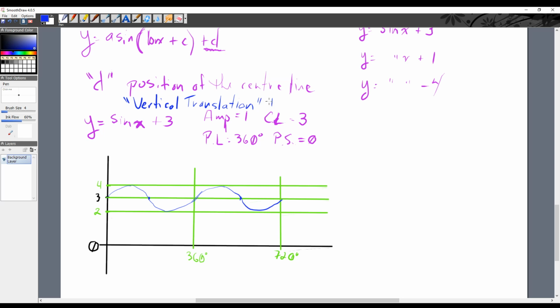It's how far up or down the function gets shifted. So in this case, it was shifted up 3. If we did it at +1, the center line would be at +1. It would reach up to 2 and down to 0. If we did it at -4, the center line would be at -4. The maximum value it could reach would be -3. The minimum value it could reach would be -5.